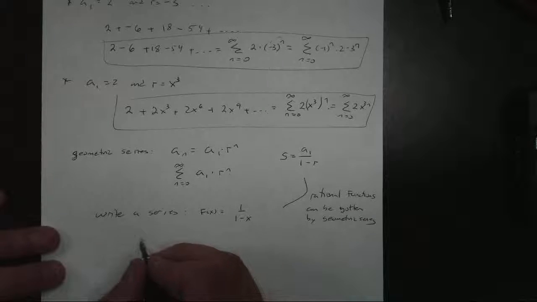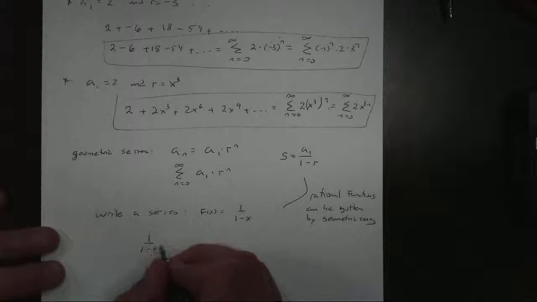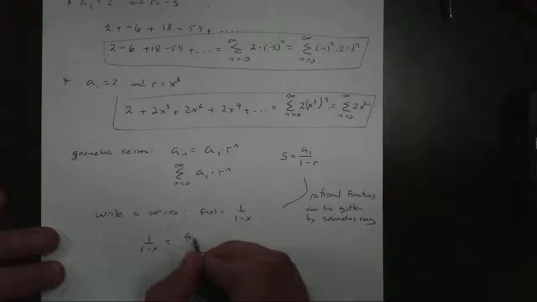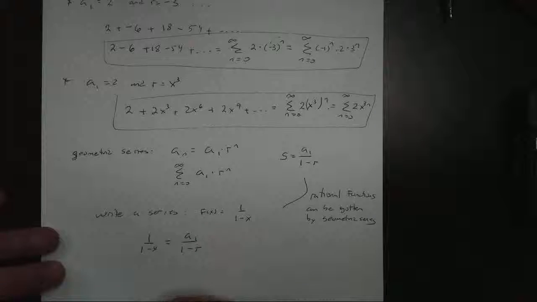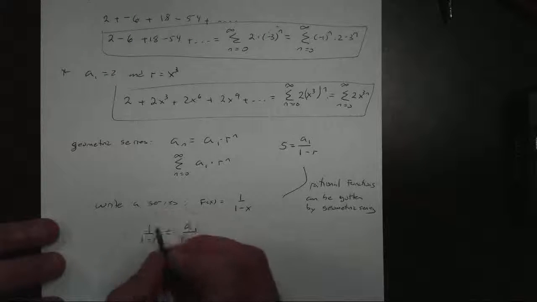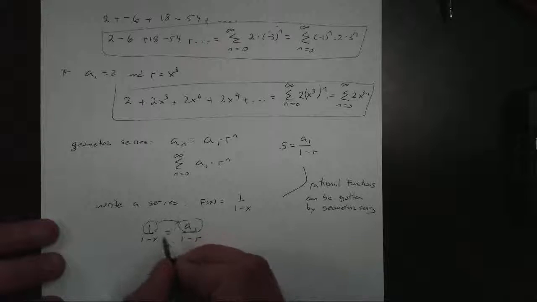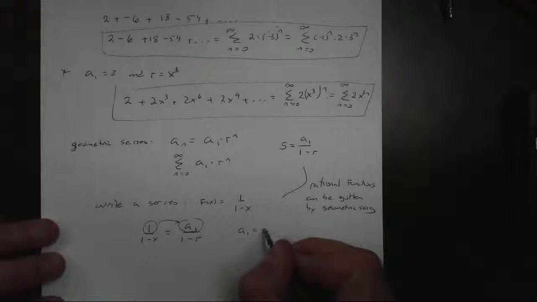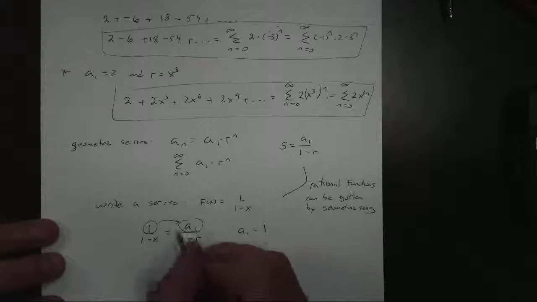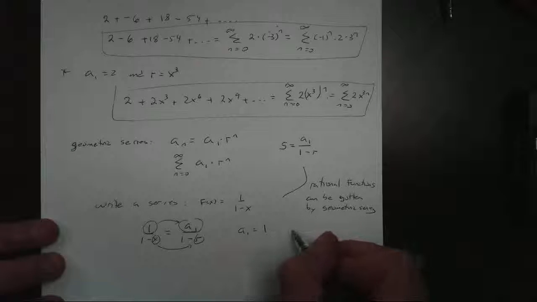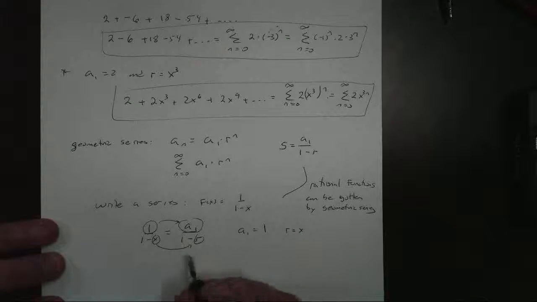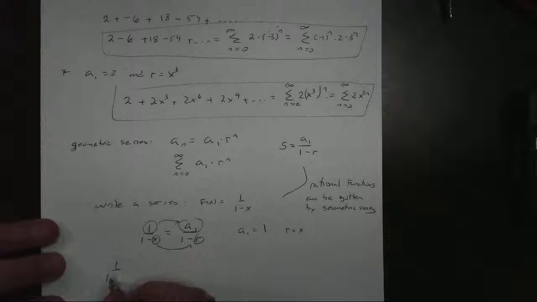What we're saying here is that 1 over 1 minus x is the same as the first term over 1 minus the common ratio. And I just look at the parts. Well, my first term here is 1, matches with this, right? So I know my first term in my geometric series is going to be 1. My common ratio, looking at the same parts, is going to be x.